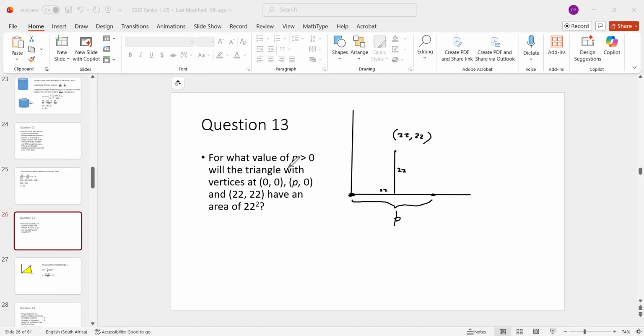Okay, now they want to know the area is 22 squared. The area of this triangle, because it's got 3 vertices now. So there is a triangle. So let's draw the triangle.